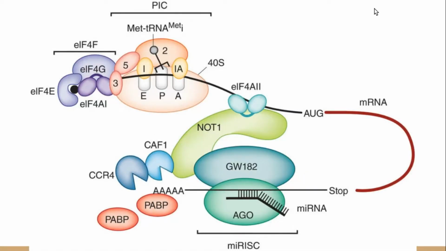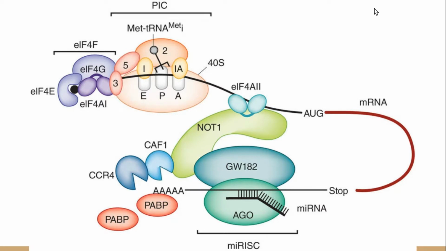The eIF4E, A, H, and G proteins, all of these constitute the eIF4F holoenzyme. So eIF4F is the complete pre-initiation complex. And what it does is it recruits the small ribosomal subunit and a methionine-charged tRNA.